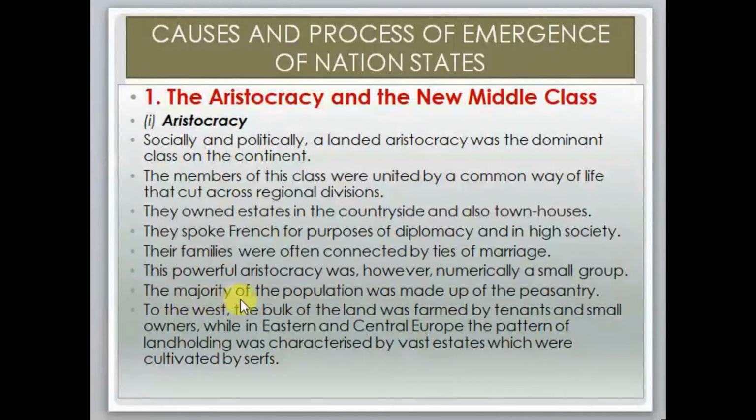The majority of the population was made up of the peasantry. To the west, the bulk of the land was farmed by tenants and small owners, while in Eastern and Central Europe, the pattern of landholding was characterized by vast estates which were cultivated by serfs.